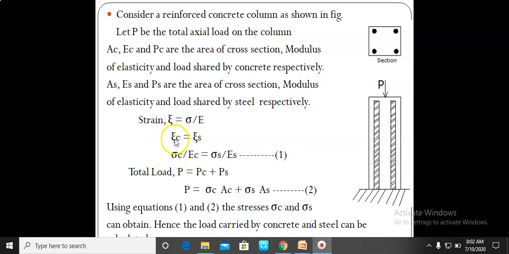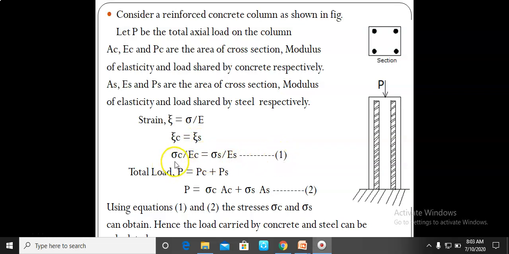Therefore this strain epsilon C can be written as sigma C by EC. We know that EC is equal to sigma C by epsilon C, and therefore epsilon C can be written as sigma C by EC, which is equal to epsilon S equal to sigma S by ES. Let us take this as equation number 1.